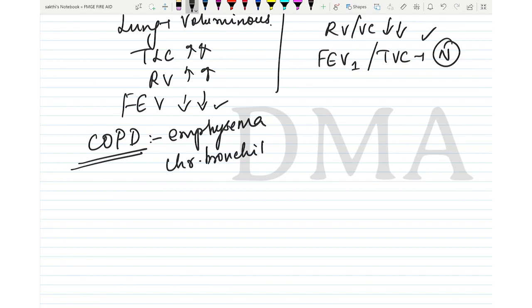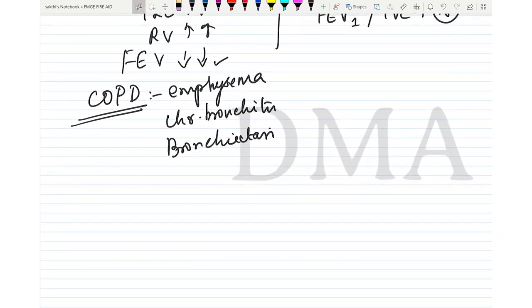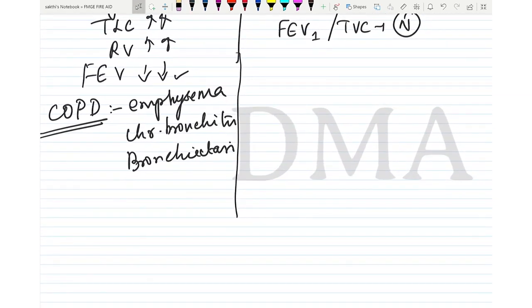You have hypersensitivity pneumonitis. You have disorders because of connective tissue disorders leading to a restrictive pattern, and autoimmune disorders of the lung, which can lead on to this restrictive pattern.